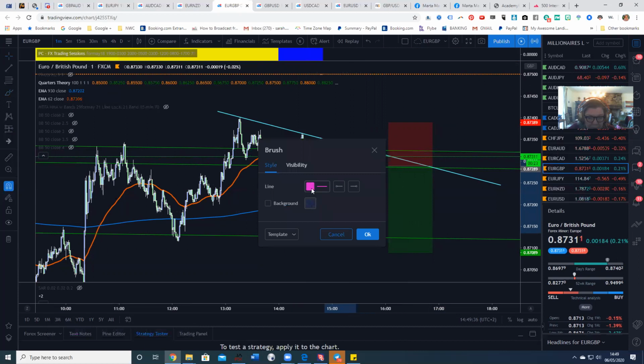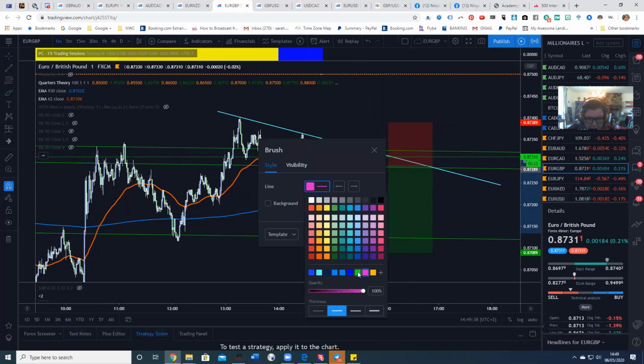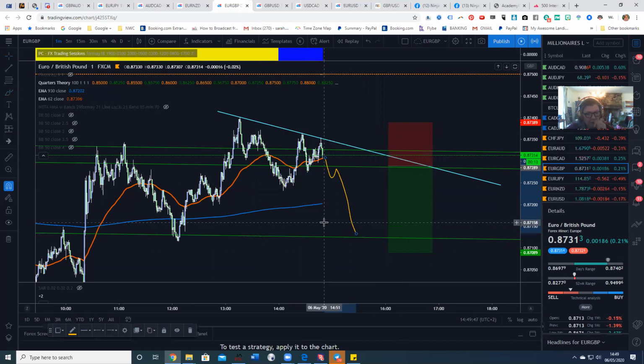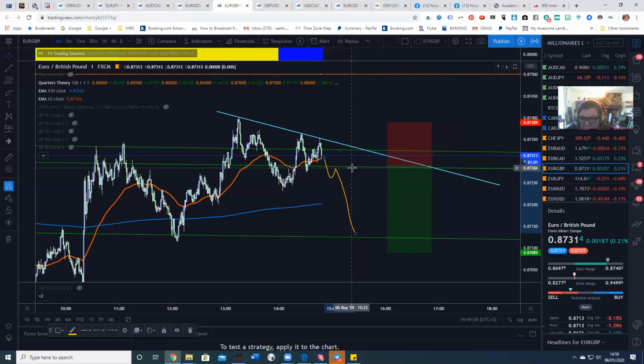So settings, let's put that back on yellow, which is what I usually use for my brush marks. So you'd have an entry at, and remember this isn't a New York session pair, but you'd be looking for an entry on 0.87284.